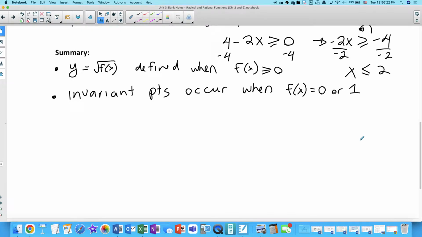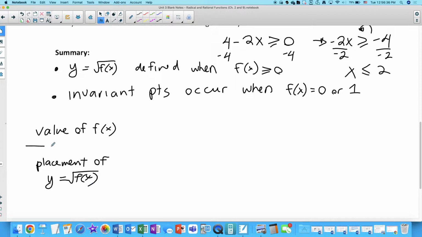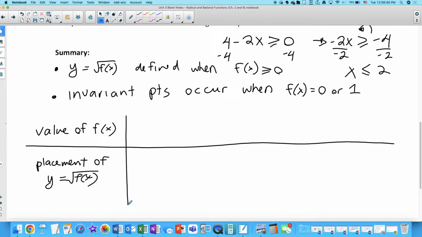We're going to chart the value of f of x and the placement of y equals the square root of f of x. So I'm going to break things up using these two values that we get with the invariant points: f of x equals 0 and f of x equals 1.